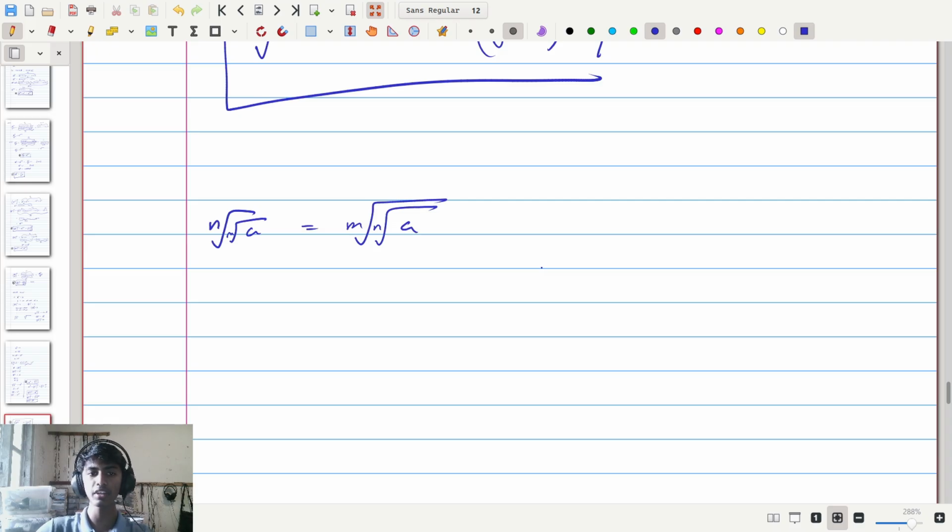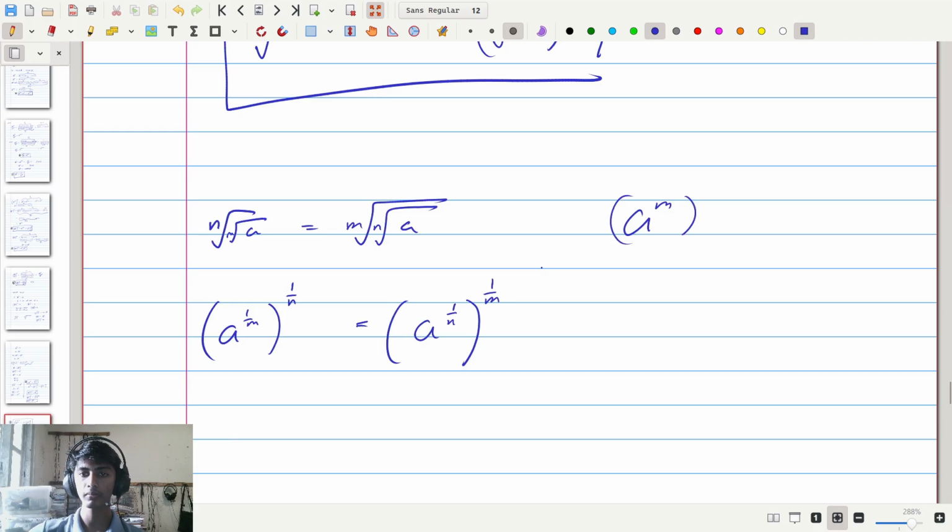This is the same exact thing as writing that the 1 divided by nth power of A to the 1 divided by m is equal to A to the 1 divided by n to the 1 divided by m. This of course is true from our previous index law. Recall that A to the m to the n was equal to A to the mn, which was also equal to A to the n to the m.